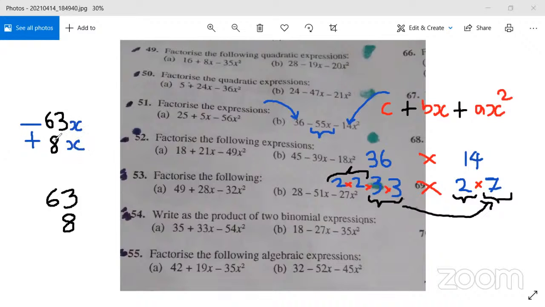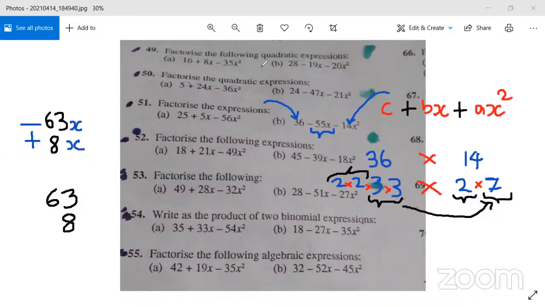We take 3 from 63, 3 from 8, we'll have 60 minus 5. 60 minus 5 is 55. There we go. So we successfully found our replacement for minus 55x.